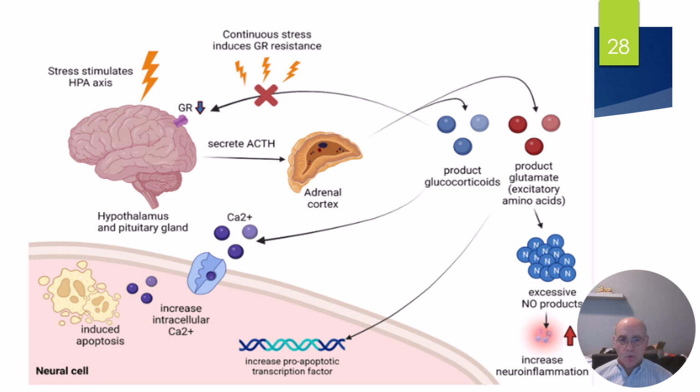This will also produce very pro-excitatory amino acids like glutamate. And this ultimately will epigenetically turn on certain genes that drive inflammation, these interleukins that drive inflammation. You're going to get an excessive nitric oxide increase and other free radicals that will lead to neuroinflammation.